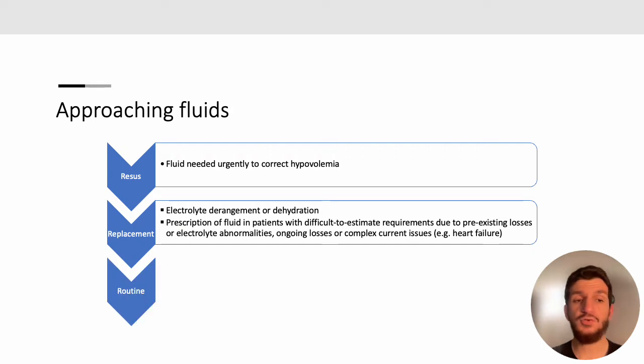But also routine fluids. So are we just taking care of their daily needs when they're not eating and not drinking? Their fluid requirements, their glucose requirements, electrolytes, we're just taking care of those.